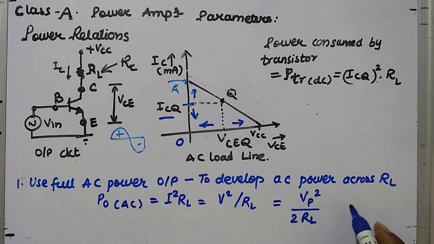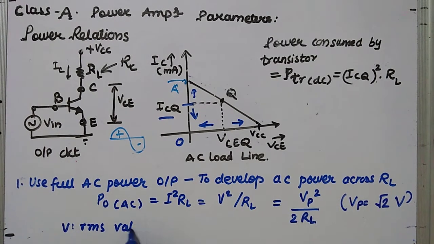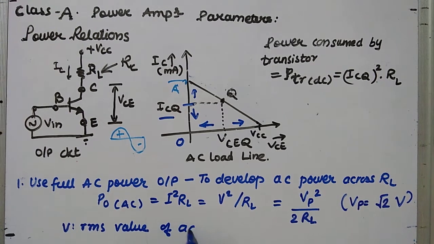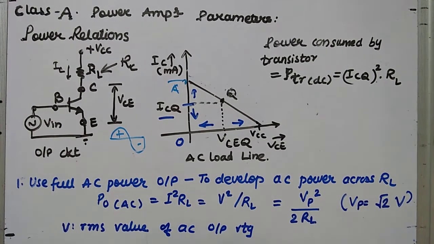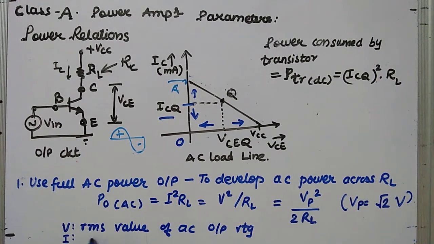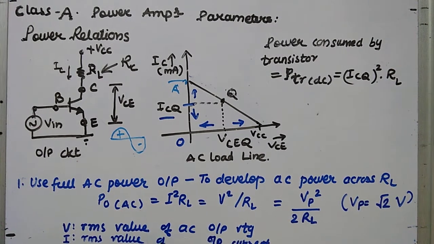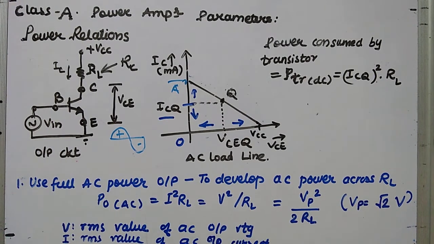Now why we have written this is, peak value is equal to root 2 times the RMS value, where this V is the RMS value of the AC output voltage, and I is the RMS value of the AC output current.